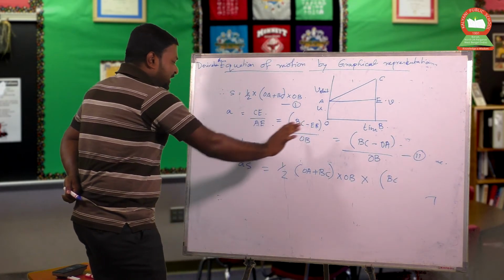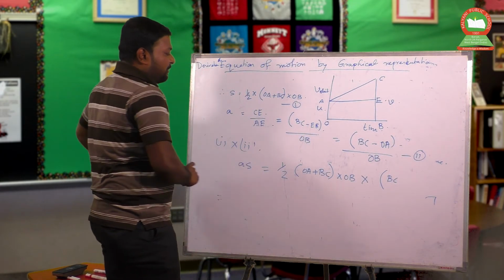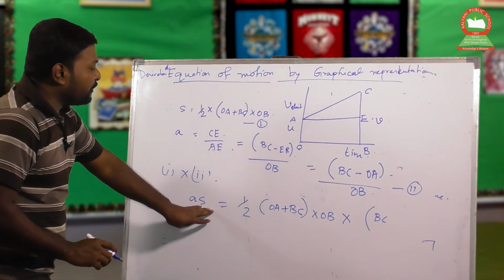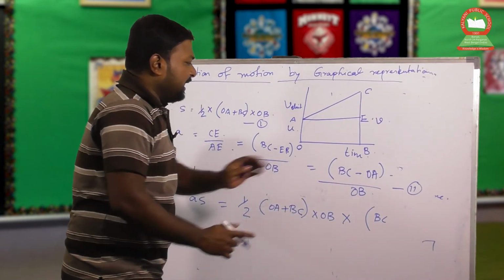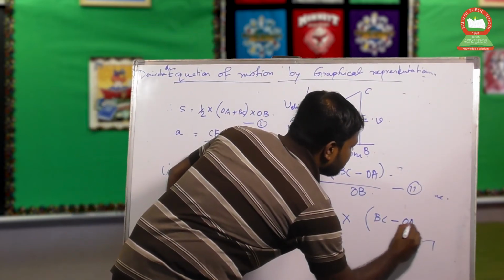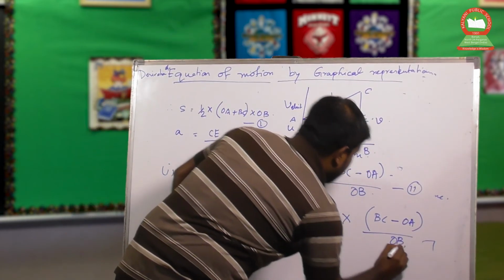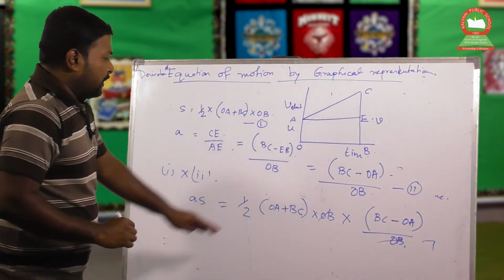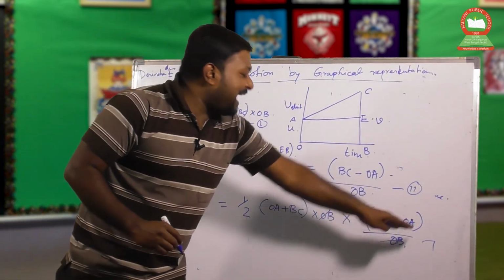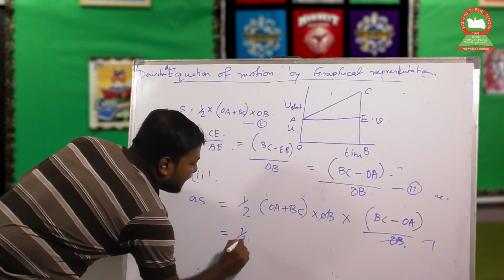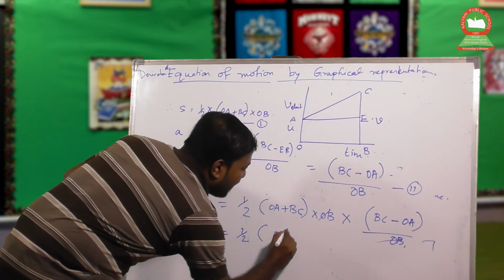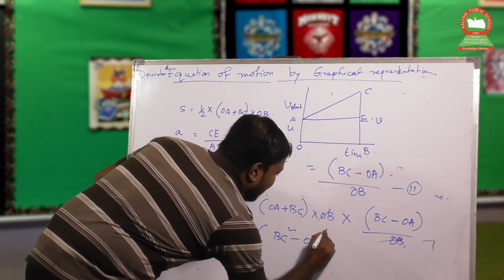Now if we multiply equation number 1 with equation number 2, we get A into S equal to half into OA plus BC into OB into BC minus OA by OB. Now this OB cancels out. Now BC plus OA into BC minus OA gives BC square minus OA square. So it is half into BC square minus OA square.